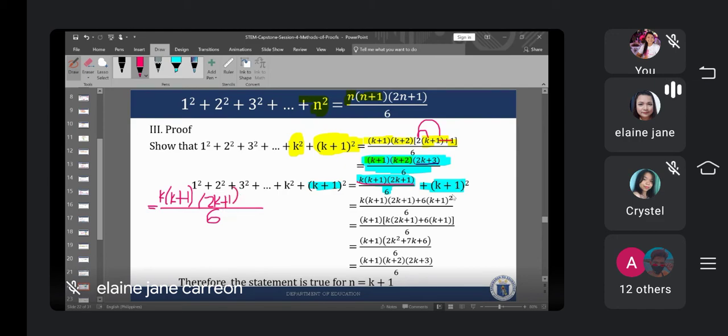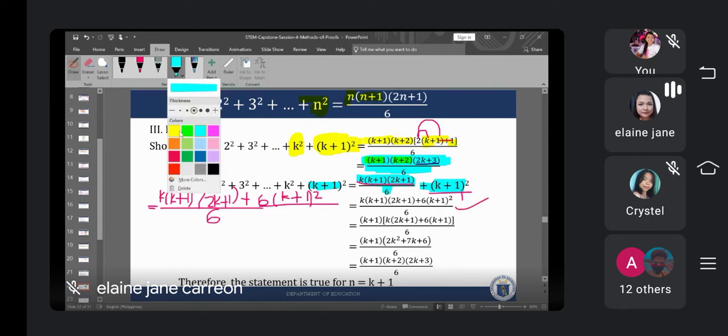Okay, 6 divided by 1. May 1 na denominator to. Of course, 6 times k plus 1 square is equal to 6 times the quantity k plus 1 square. So, kaya siya naging ganon. Okay? So, ito yon. Okay? Hope you understand that. Okay? Ito yung kinalabasan niya.